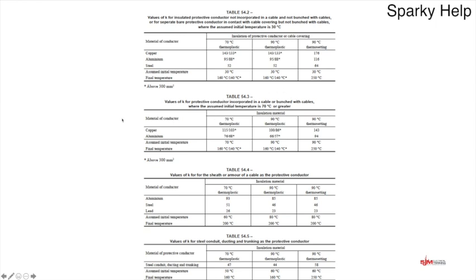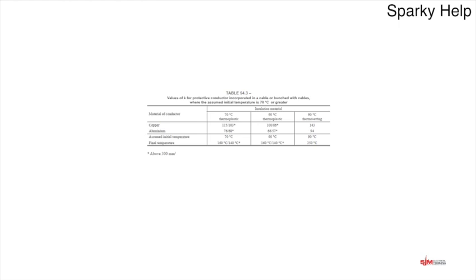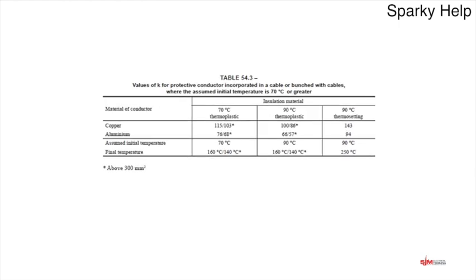If we look at table 54.3, values of K for a protective conductor in a cable or bunched with cables. Well, that sounds fairly good to us, so let's have a look at that. Values of K, bunched cables, and we know that the cable we're selecting is a 70-degree thermoplastic cable. And if we look there, we know it's a copper conductor because it's unlikely to be aluminium. Aluminium's not going to start till 50 mil.